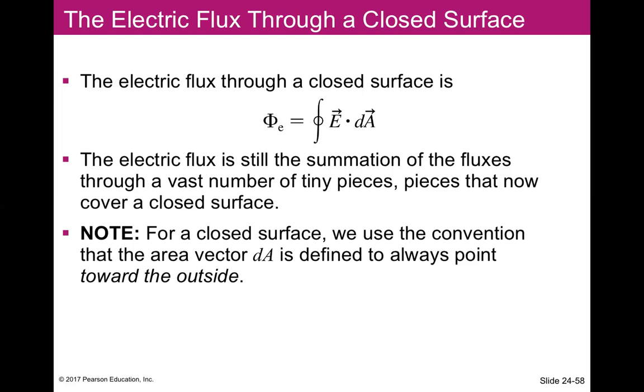And please be careful, this is dot product for two vectors. When we talk about vectors, then we have to take care of the directions of the vectors. So for E, of course, the direction is usually shown in the picture. But for dA, we define the direction of dA to be the normal direction of that specific surface.